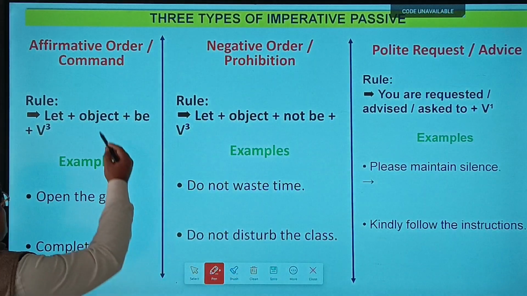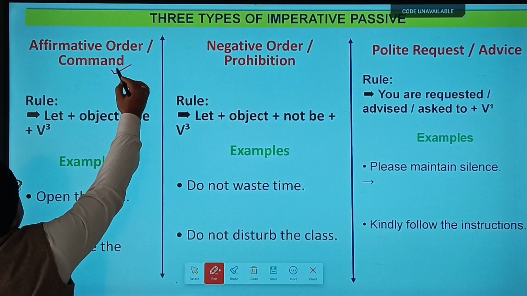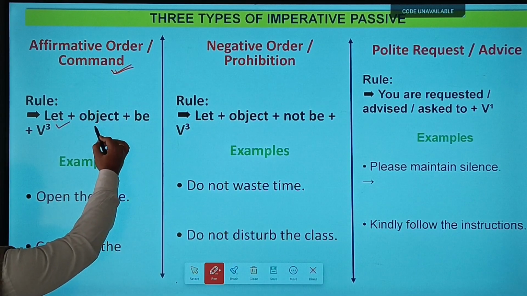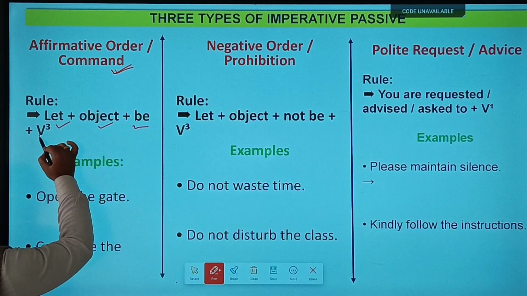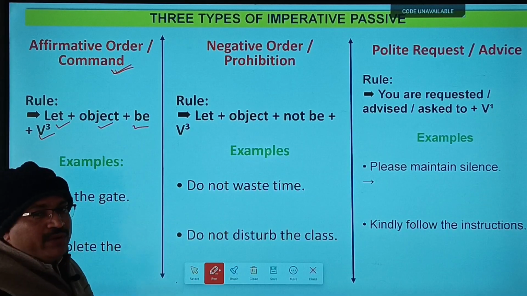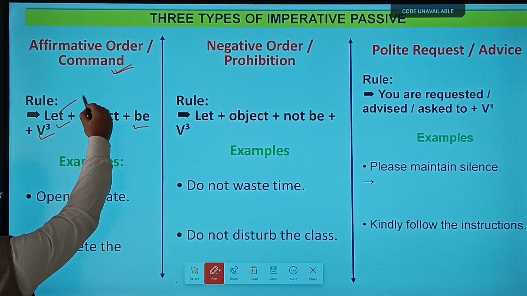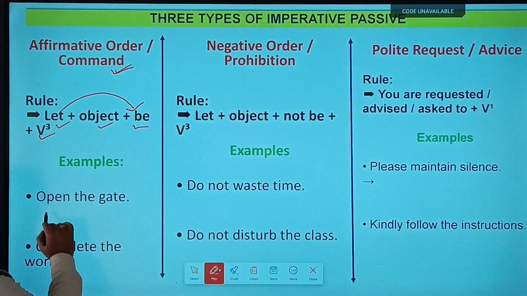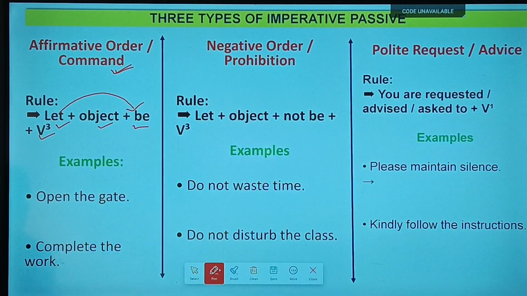When the sentence expresses a simple order or command, the structure will be let plus object plus be plus V3. What you have to keep in mind here is that let is followed by be. Let will always take be. Let us see: open the gate.